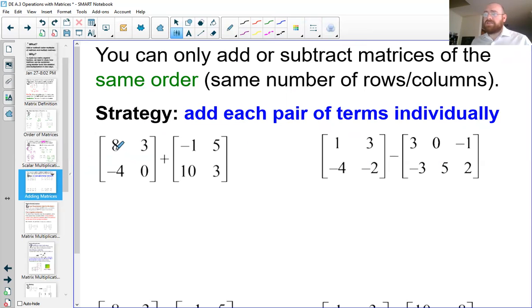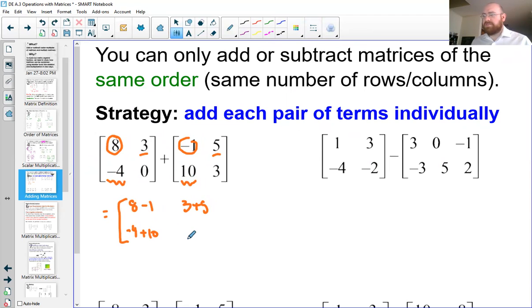So if we have the matrices 8, 3, -4, 0, added to -1, 5, 10, 3, we would add 8 plus -1. That's our first set of numbers. Then we would have 3 plus 5, our second numbers. We would have -4 plus 10, our third number.